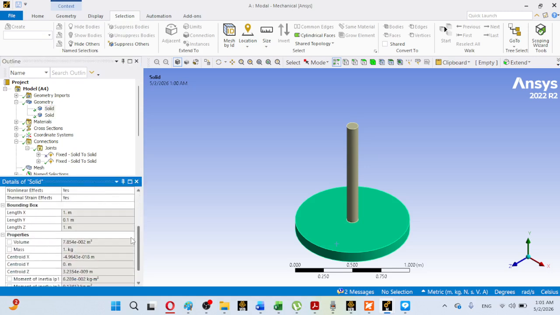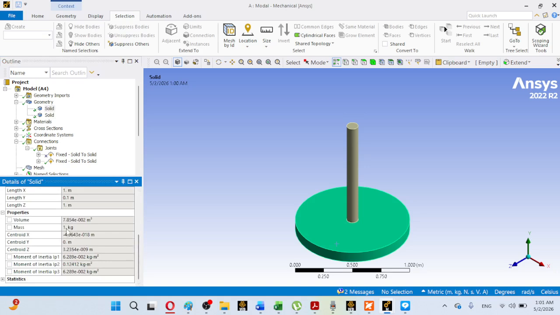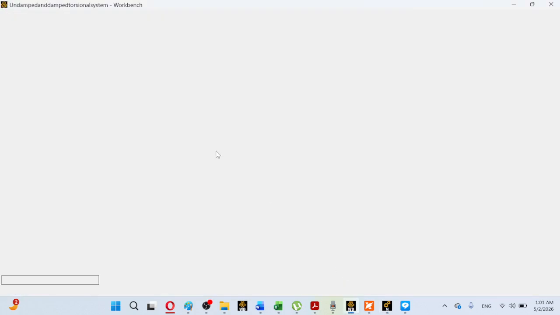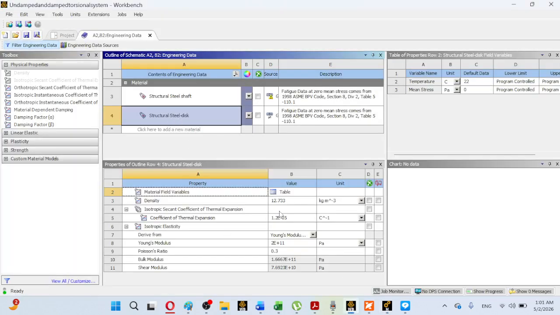See its properties here, that its mass was used as 1 kilogram, such that this volume was the mass per unit volume, meaning this mass was used upon this volume, and its density was achieved as listed here. The steel disc had a density of 12.733.